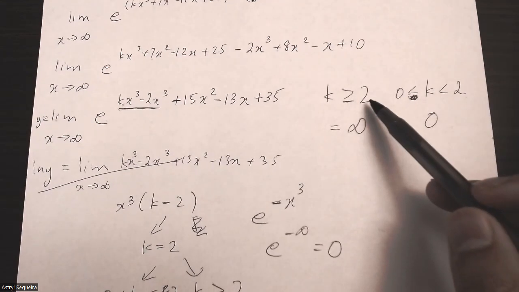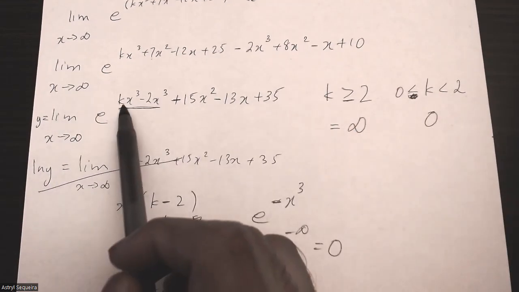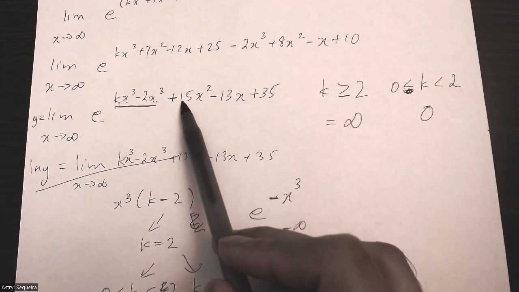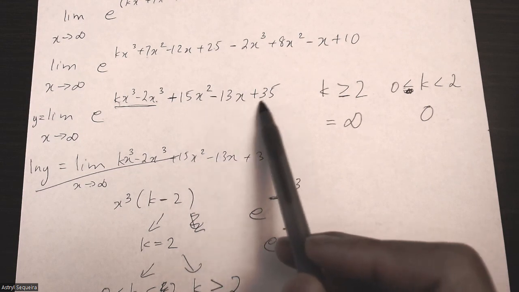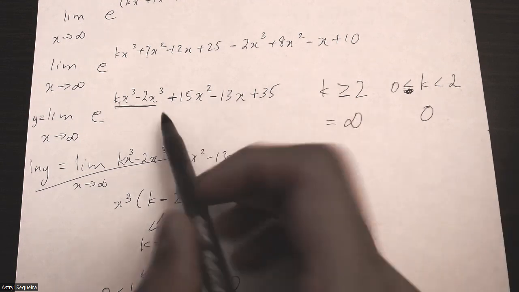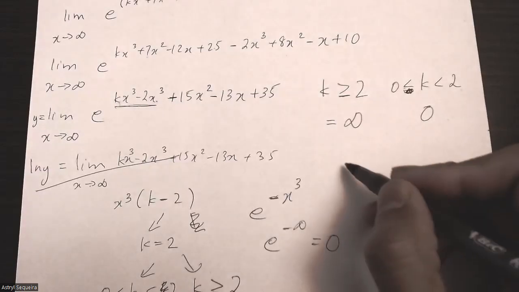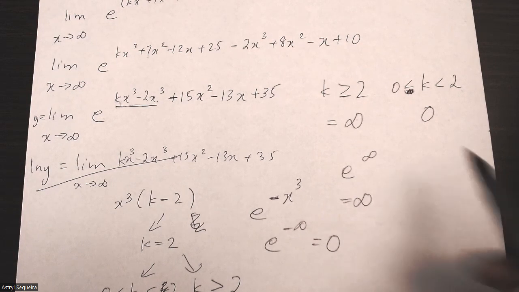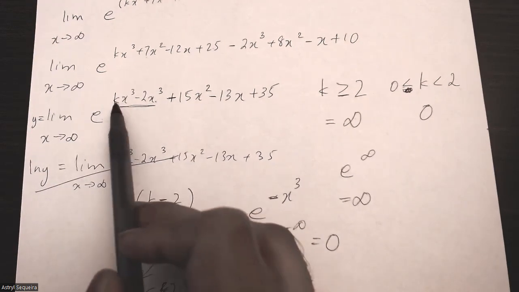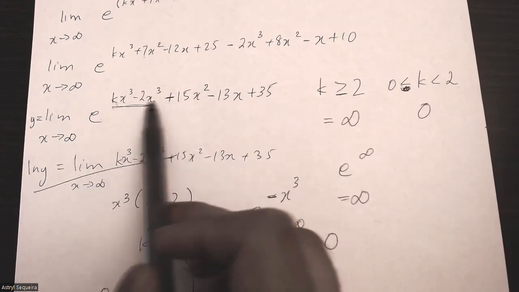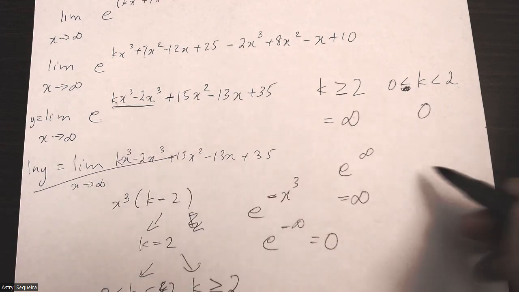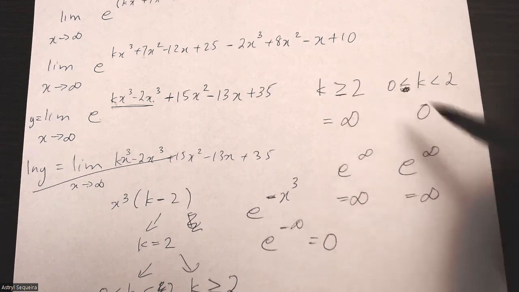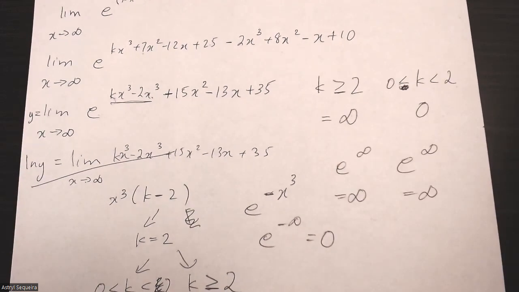And when I sub in any value equal to or greater than 2, so 2x cubed minus 2x cubed is 0, then I just have 15x squared minus 13x plus 35. If I sub in infinity here, I just get e to the positive infinity, which is infinity. If you sub in 3 for k, 3x cubed minus 2x cubed is positive x cubed, which is going to be e to the positive infinity, which is infinity. That's why for k greater than or equal to 2, we get infinity.